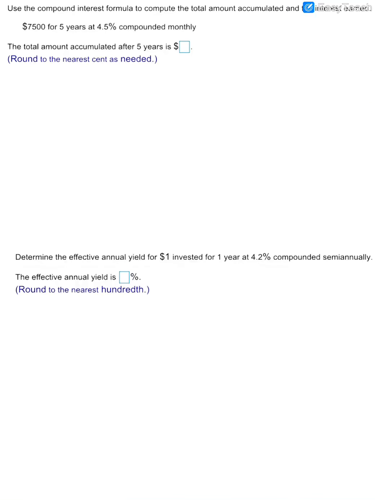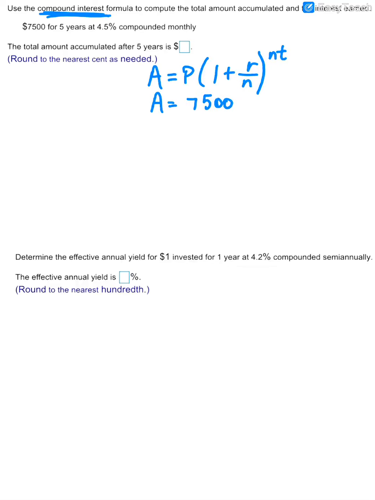Okay, on this next one, we're going to be using what's called the compound interest formula. So A equals P times 1 plus little r over n to the power of n times t. So anytime you see a problem talking about something called compound interest, this is the formula that you're going to use. So in this particular case, it says that we have $7,500, and it looks like we're accumulating it, so it must be that we deposited it.